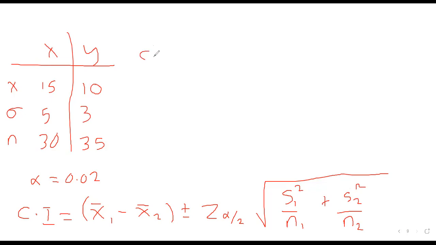So what becomes our confidence interval here? What is our mean one? First mean is 15 minus the second mean, 10. Good. What is our z, plus or minus? 2.33, because this is 2%. Then we put a square root there.